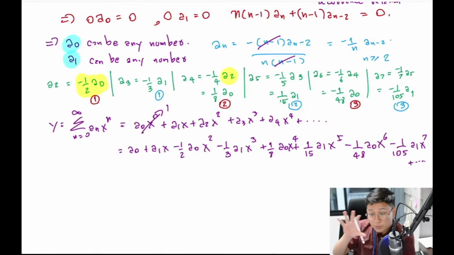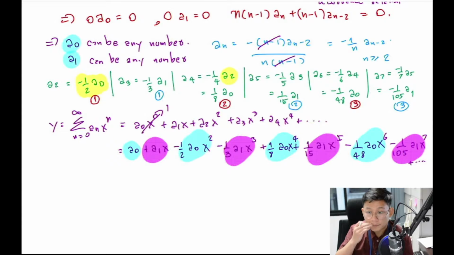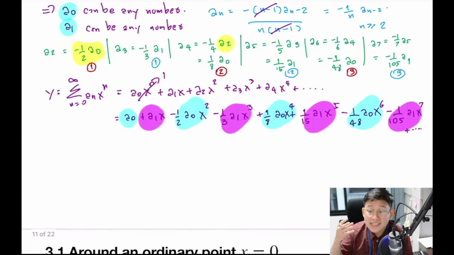Okay, and then we rearrange. We group the a0 terms together, and then we group the a1 terms together. In order to answer in the exam, you need at least 4 terms for a0, including the first one.